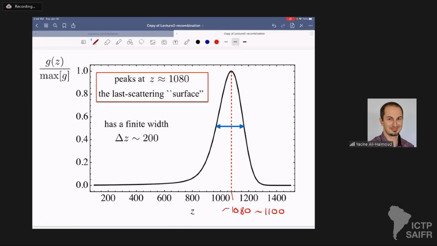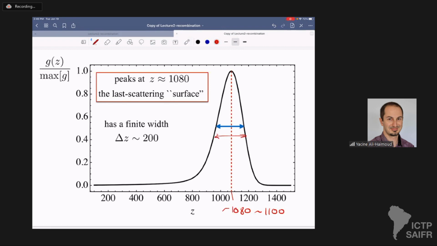Really, a more accurate statement would be to say that CMB photons are most likely to have scattered for the last time around redshift of 1100. And notice that this visibility function has some finite width, of order a couple hundred in redshift. So really, CMB photons come from a last scattering thick surface.